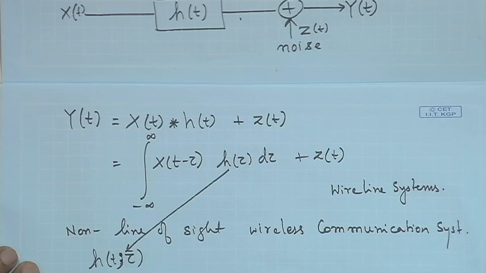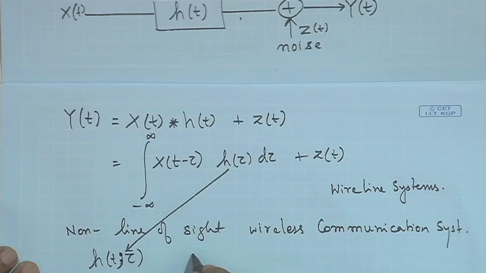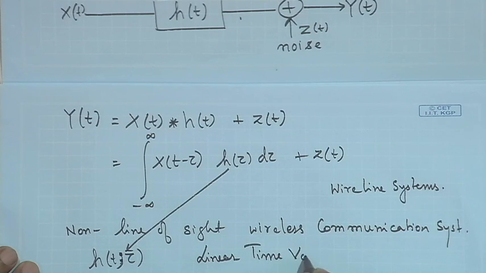What it means is that this model will be linear, but time variant. Now, these systems we will not study in this particular course, but these are important to know because you will be using them in any course on wireless communications.